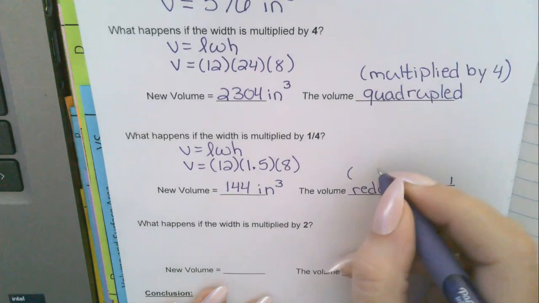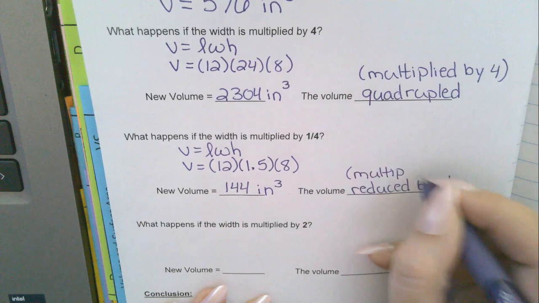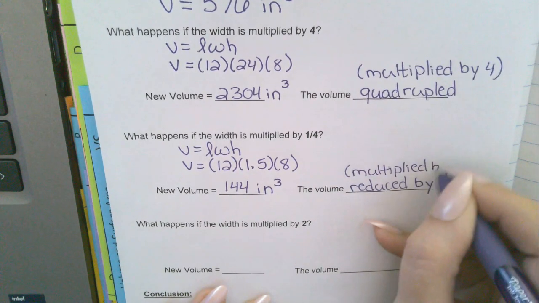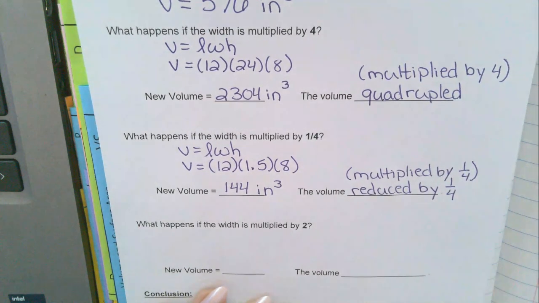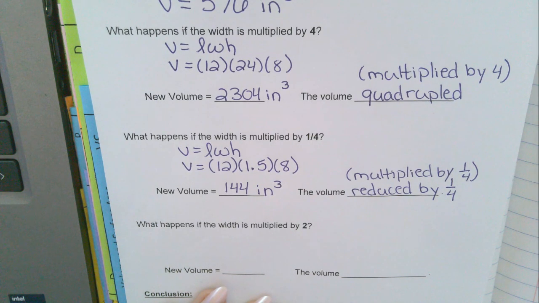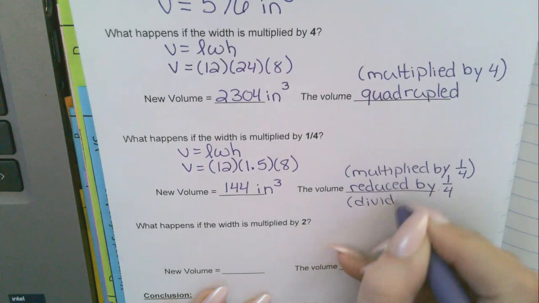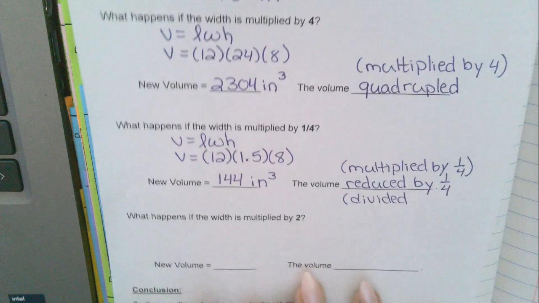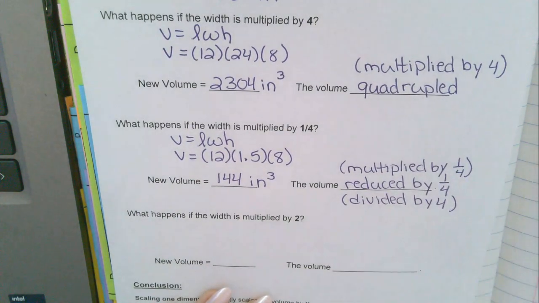You could think of that as multiplying by a fourth. Did anybody think of it a different way using division? What would that be the same as? It would also be the same as dividing by 4. So whichever way you want to think of it in terms of your pattern, that's fine. They all mean the same thing.